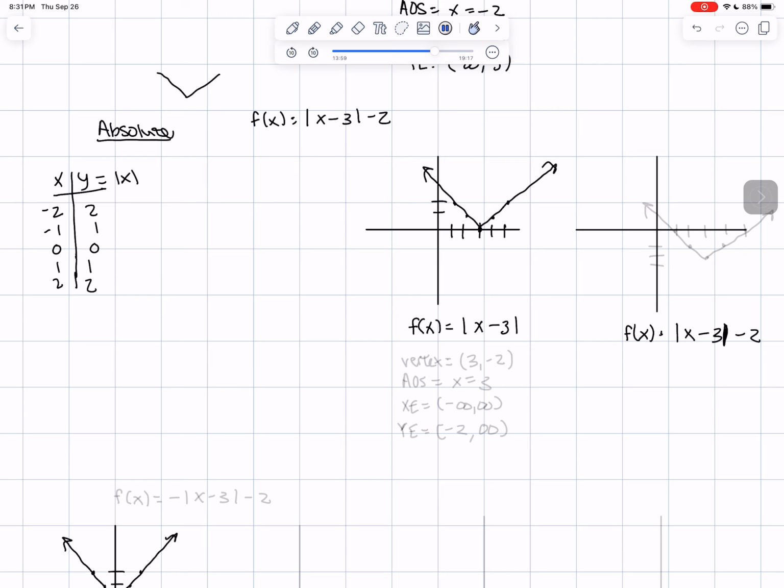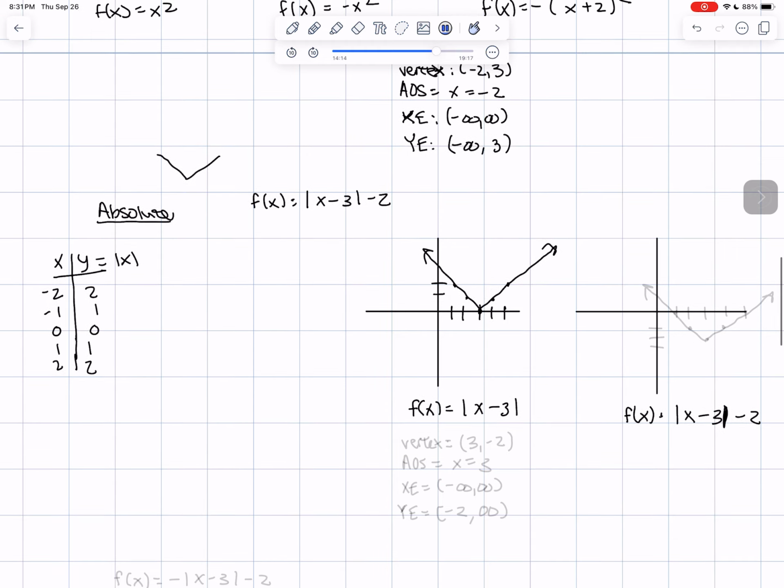So let's just fix this line. Thank you. Okay, so this means that I'm going to stay in the same spot. I'm just going to go down 2 from there. So it's right here. So all I did was just go down 2. I'm sorry, I'm thinking of the last graph.